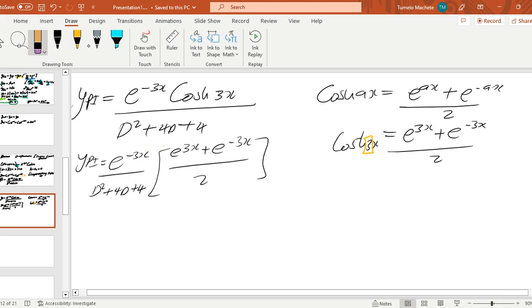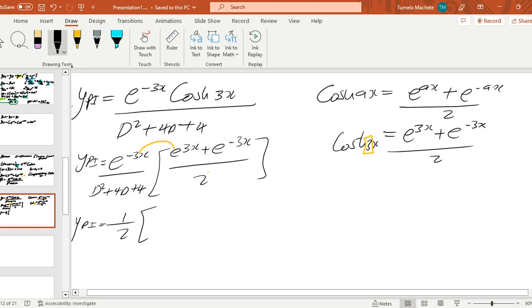The best thing to do here, since you have 1 over 2, is to take it outside. This is the easiest way of solving it. So you take the factor of 1 over 2 out, then multiply everything in. Remember, the 2 is a factor for both e to the power 3x plus e to the power minus 3x.